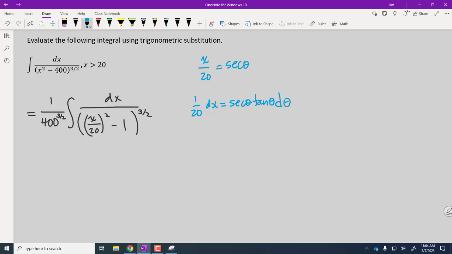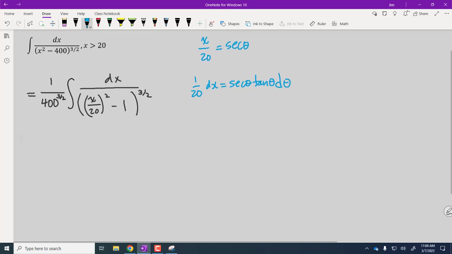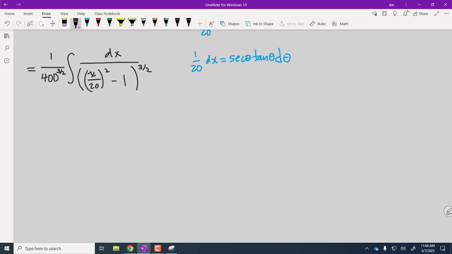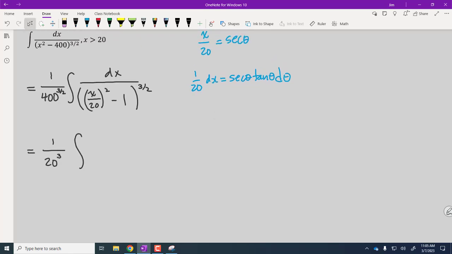What's the square root of 400? 20. So out in front here we have 1 divided by 20 cubed. Square root of 400, do the square root first. It's easier. And then this is going to be dx. If we look right there, dx is 20 secant theta tangent theta d theta.